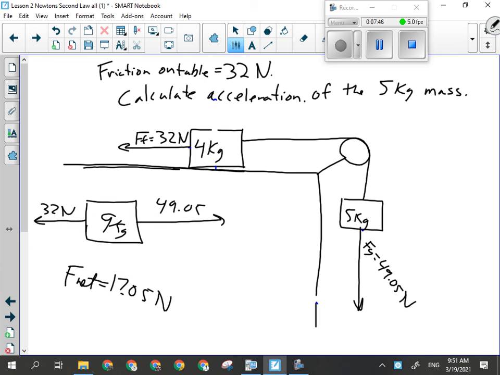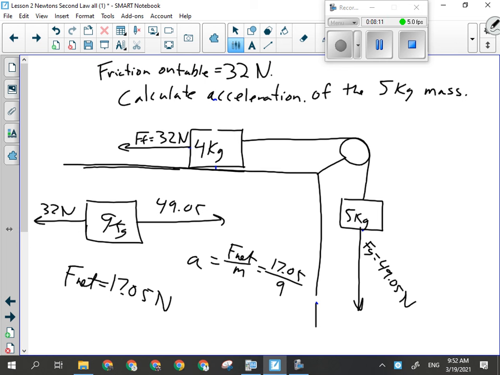Now the question wants to know the acceleration of the 5 kilogram mass. So if I want to calculate acceleration, I go F net divided by m. 17.05 divided by what? 9. It's not just the 5 kilogram mass that's being accelerated, it's the whole system. The only thing that's unique to the 5 kilogram mass is direction.